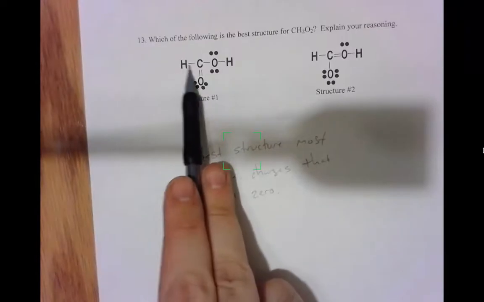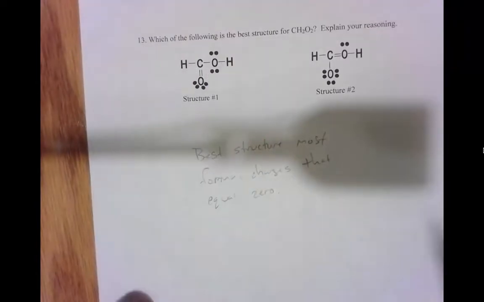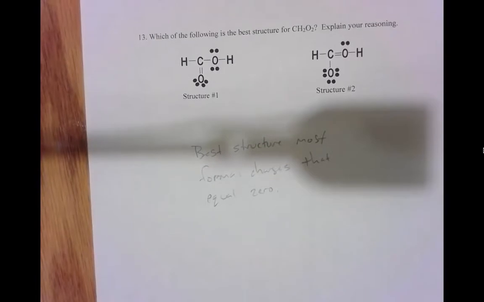So you will have to go through and calculate the formal charge for every bond. Then you will determine which one has more zeros. The one that has more formal charges that equal 0 is the better structure. Like always, if you have any questions, please circle them and bring them to class.